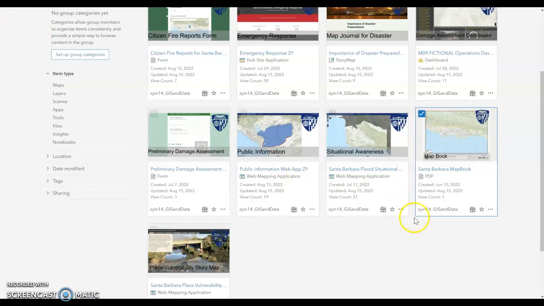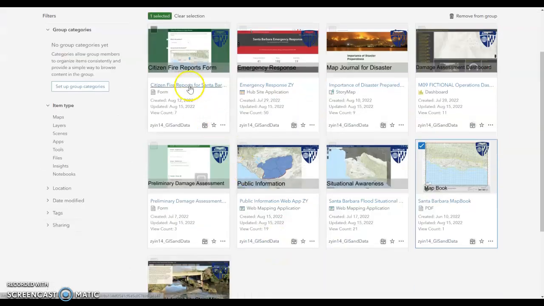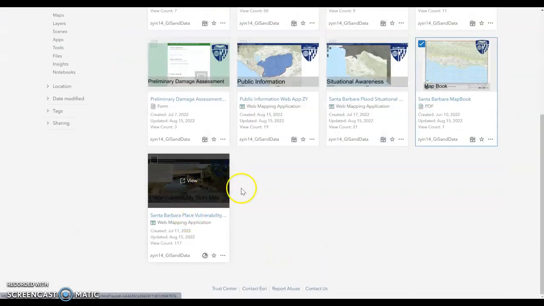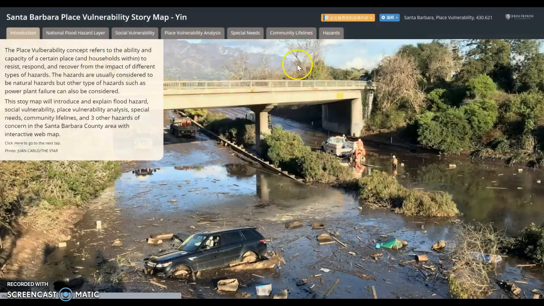After that, let's go for this one. The place vulnerabilities story map is produced to illustrate the place vulnerability assessment we've done during the course. It is basically a narrative and includes all the results that we've done.